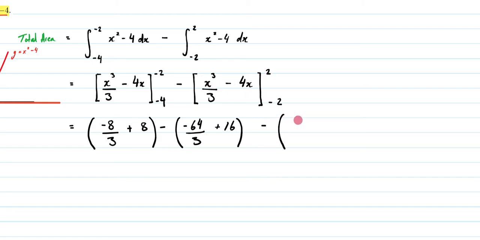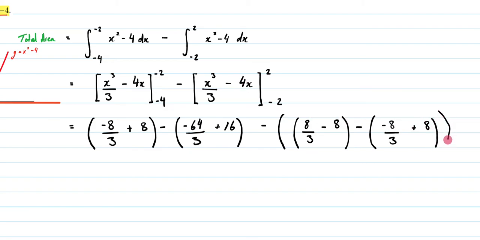As I put 2 into that, I'm going to end up with 8 over 3 minus 8 there, close the brackets, minus, open the brackets, negative 2 there will be negative 8 over 3. Then it's going to end up being plus 8 there because of negative and negative. All right. And then make sure I close it off like that. So I put this negative there because this whole thing is going to have to be negative.